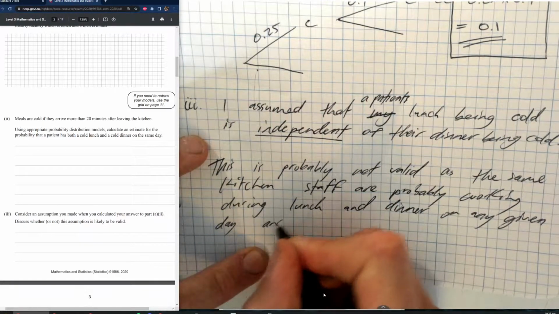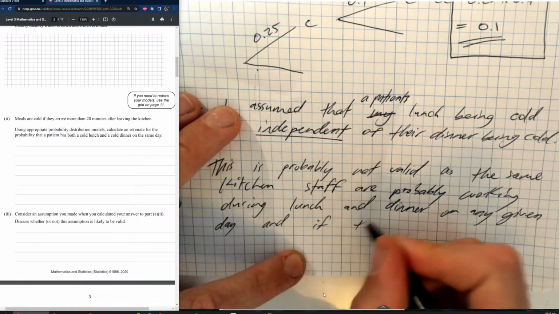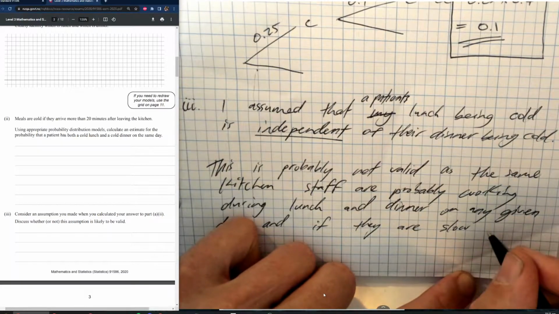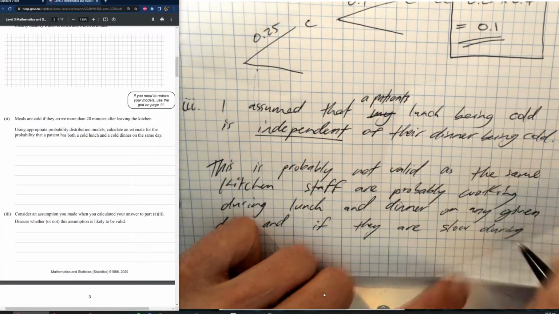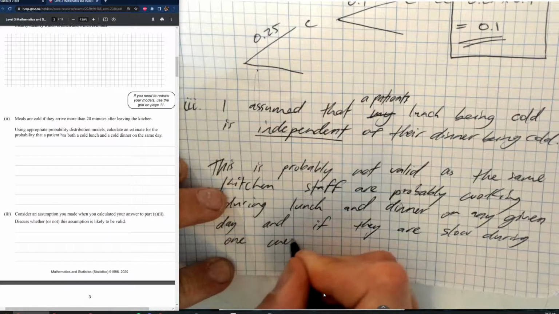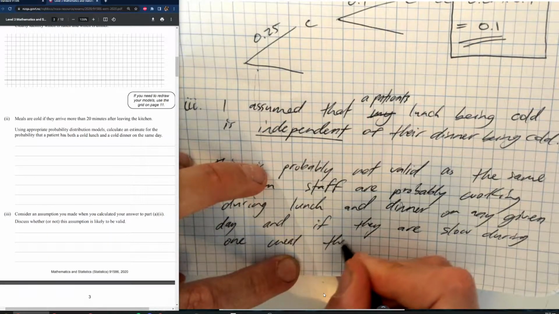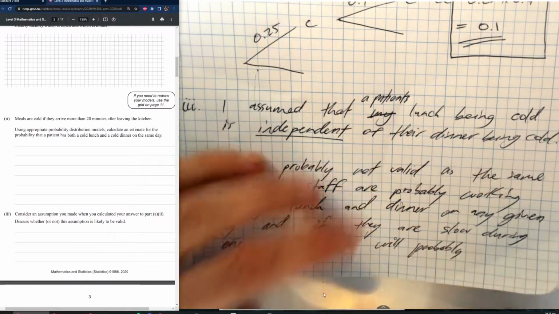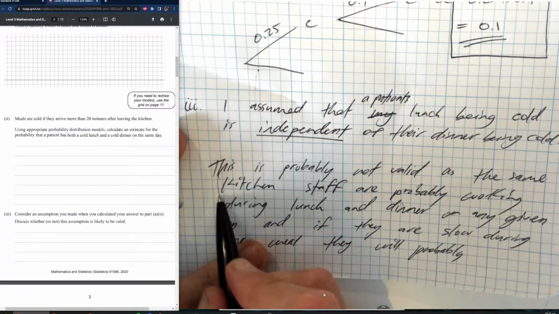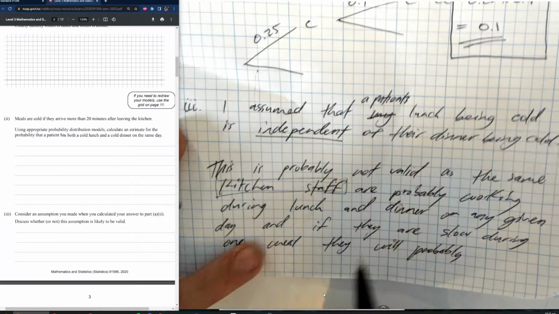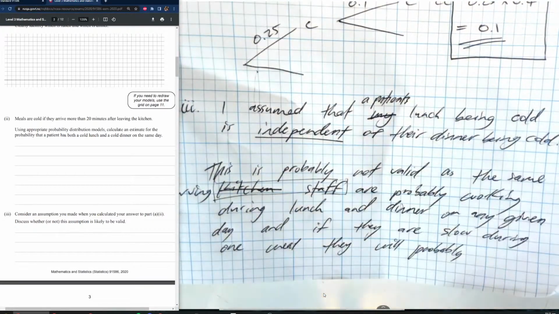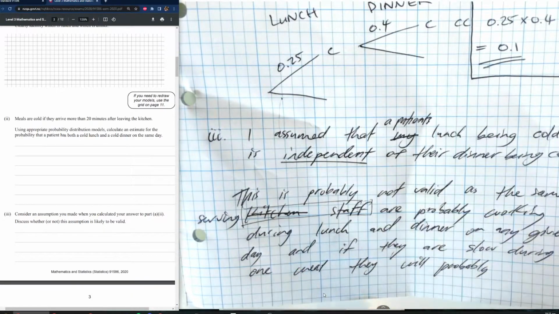and if they are slow during one meal, they will probably, actually I shouldn't have said kitchen staff, I should be saying serving staff, because the question actually said that the dinner had already been cooked, right?